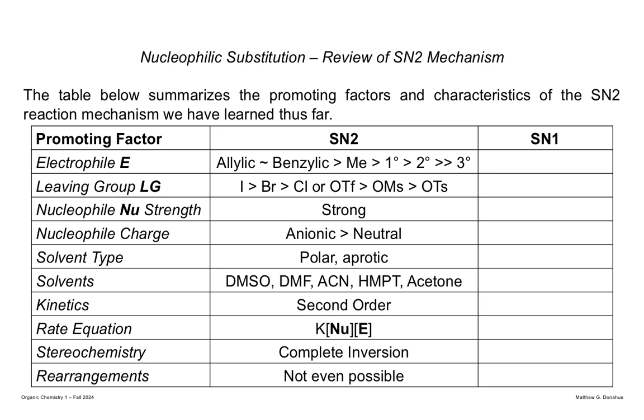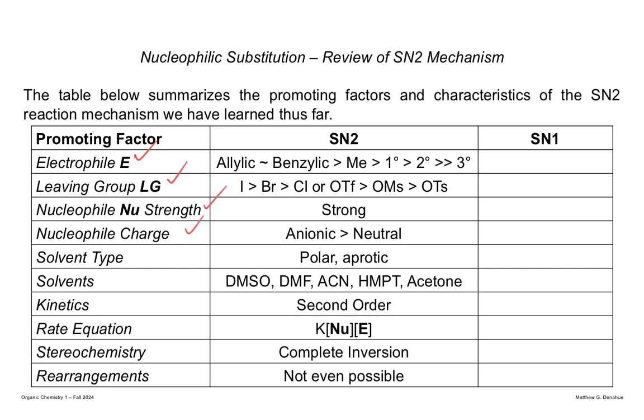So to summarize everything about SN2, you'll notice in the table here, the SN1 isn't filled out yet. The table will get filled out after we learn all that stuff, but this is a table that's nice to see or diagnose the reaction conditions to choose is it SN2 or SN1. So the electrophile rate, the nature of the leaving group, the nucleophile must be strong.